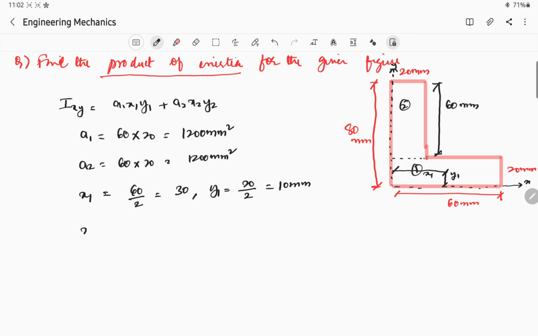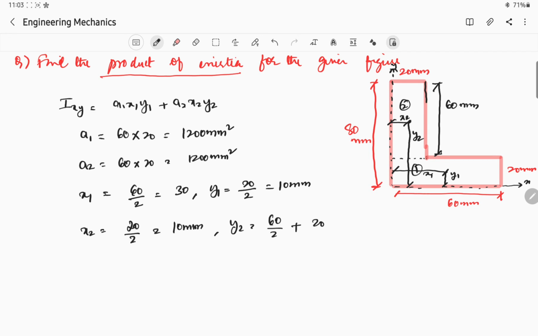Next we have x2. Suppose this is my second section, so the centroid of this section will be somewhere here, so this will be my x2, and from here till bottom will be our y2. So x2 will be again 20 by 2, which is equal to 10 mm, and y2 is equal to 60 by 2 plus 20.